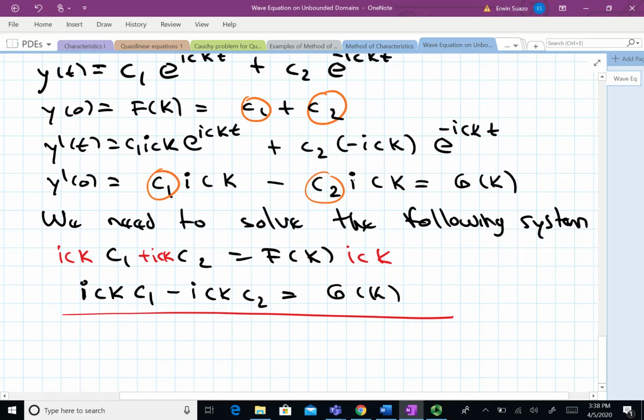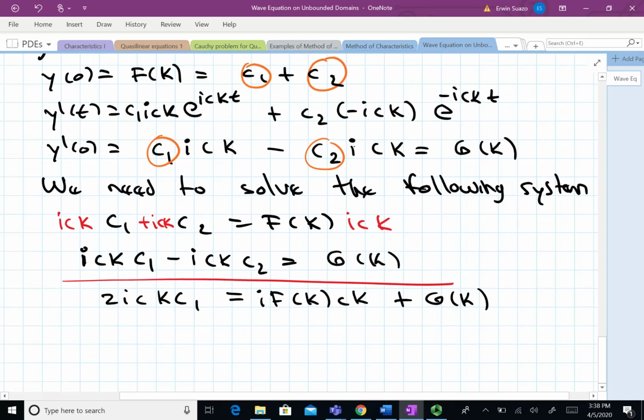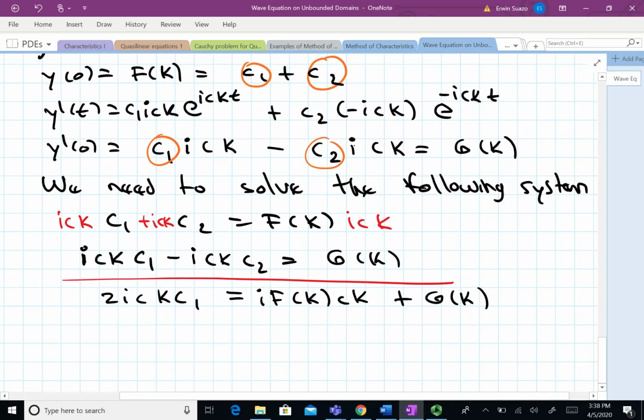So I get 2ick C1, and these two cancel, equals f of k ick plus g of k. Then I divide by 2ick.